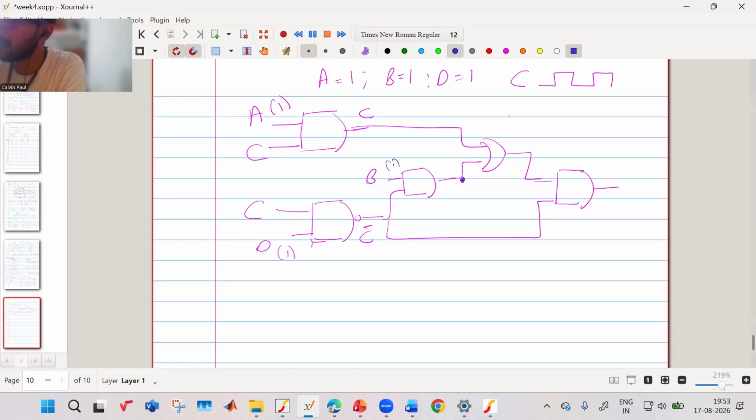B is 1 and this. So here also it will be C bar, right? So C or C bar, what should be the output over here? It should be 1. And here it is equal to C bar, right? So 1 and C bar, what should be the output?